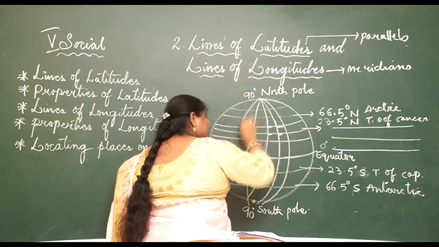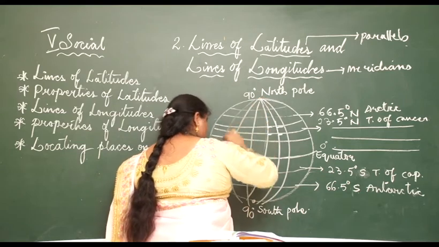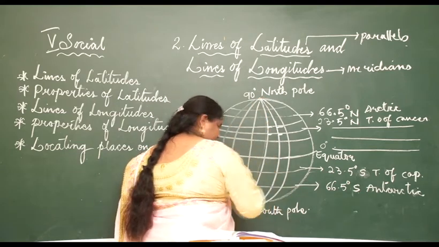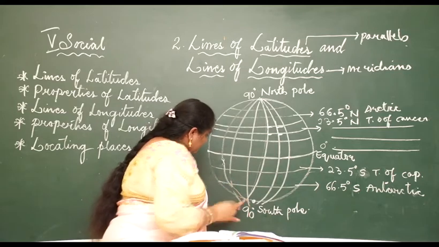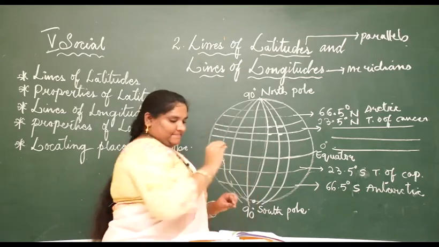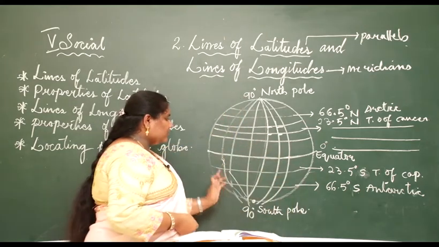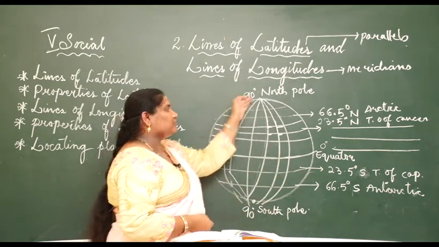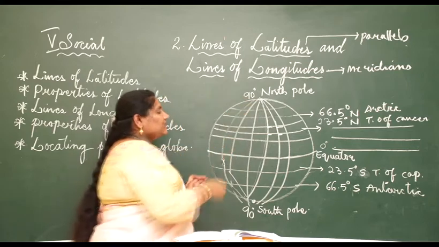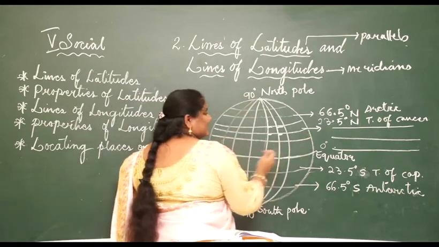These are all imaginary lines. Something like this. So the length of the longitude decreases as it comes towards the poles. So it spreads towards the east and the west.